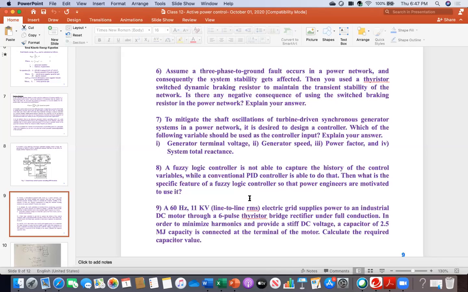So you will say that the specific feature of a fuzzy controller is that it can work well in nonlinear situations, and in imprecise or uncertain situations. In addition, it is based on simple if-then rules and follows only arithmetic functions. That's why power engineers prefer it, or are motivated to use it.